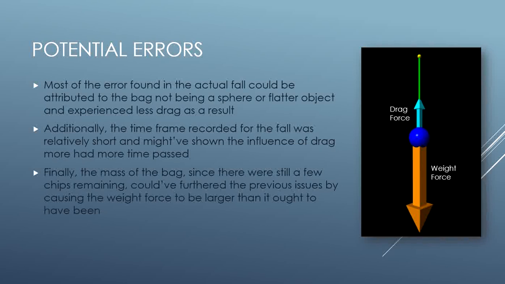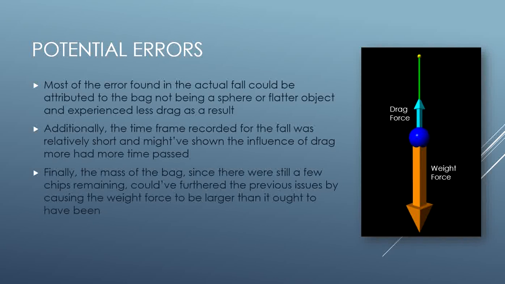Additionally, the time frame that I shot it in was relatively small, with only about 16 frames or so, which could have not given enough time for the drag force to be seen. And finally, with the mass of the bag, there were some chips remaining and it could have been too heavy, as was suggested not to be during the instructions, so that could have furthered the issues that we saw with the drag force.